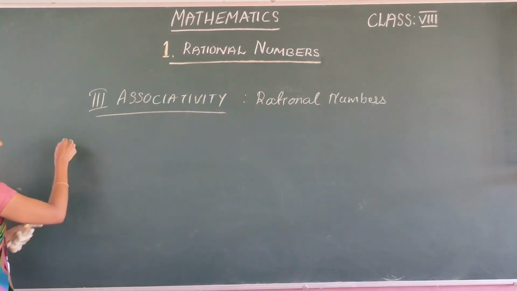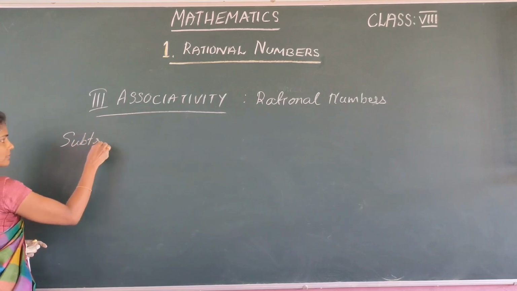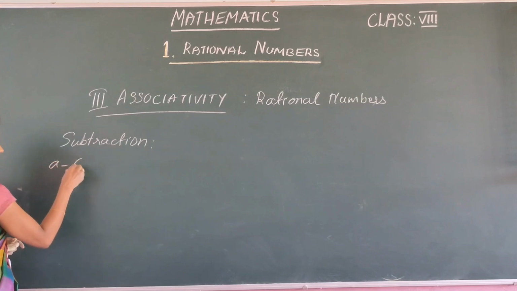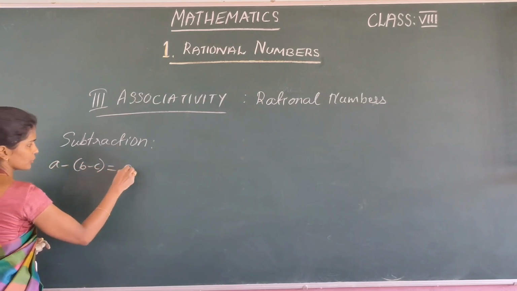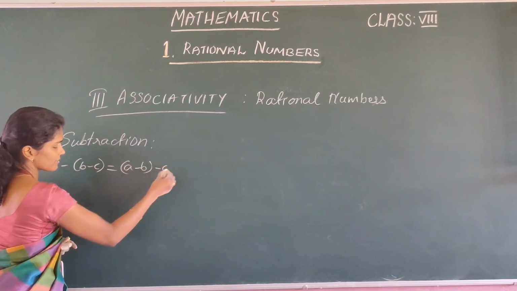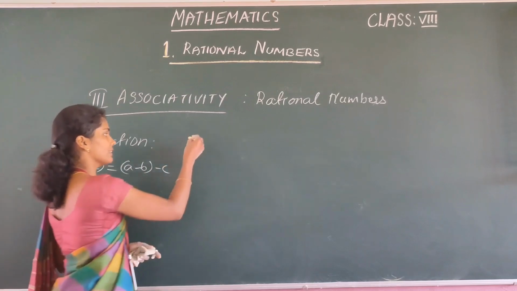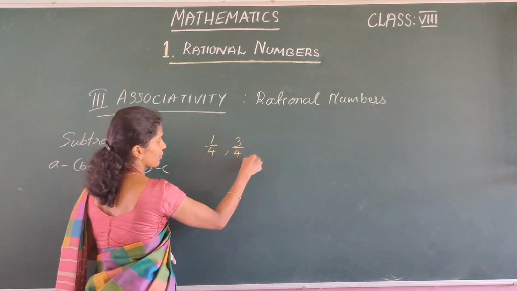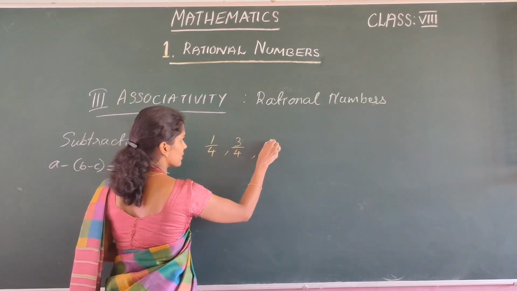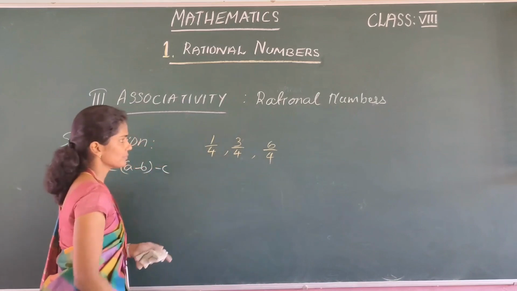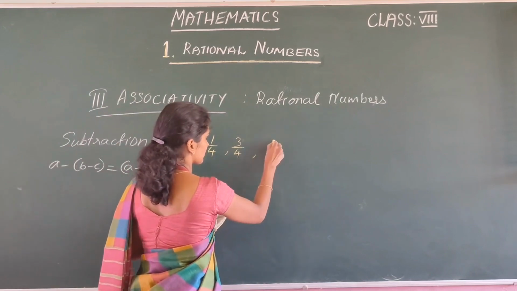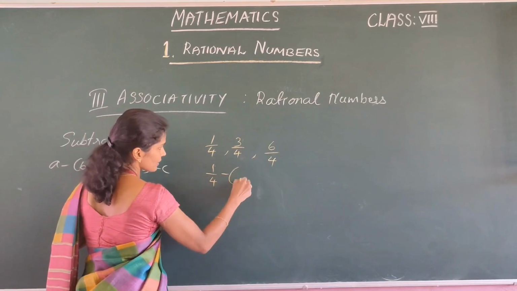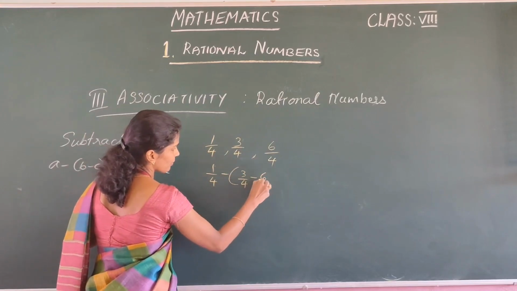Next, in the case of subtraction, we want to check a minus (b minus c) equal to (a minus b) minus c. Take any three numbers, write 1/4, 3/4, 6/4. Then 1/4 minus (3/4 minus 6/4).